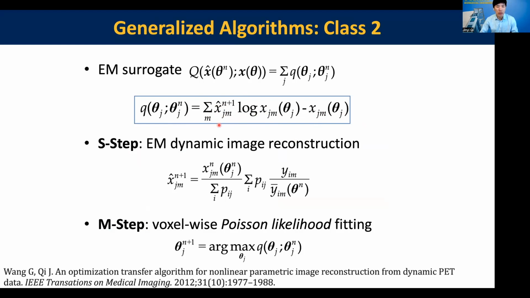To construct this surrogate function, we just need to compute one parameter, that is x hat, that can be computed exactly using the EM update equation for the image activity. So just take the current image activity and multiply by this ratio of the back projection. And then the second step is to maximize this log likelihood function for every pixel, to perform the Poisson likelihood fitting to find the parameter.